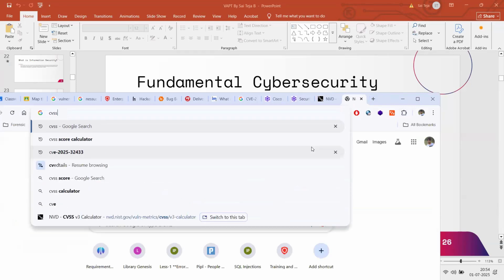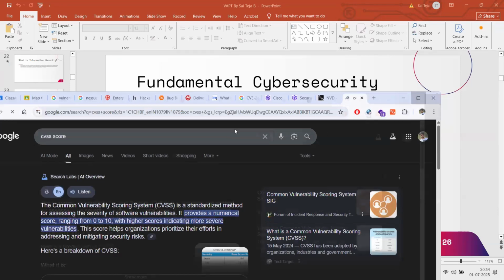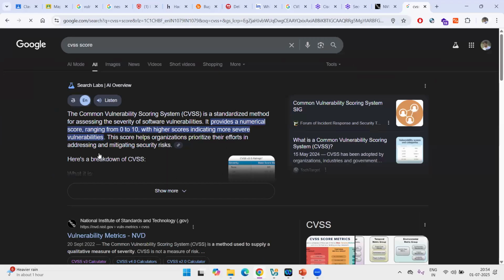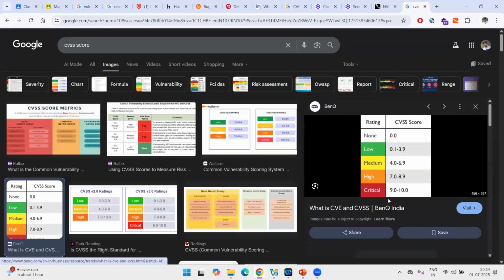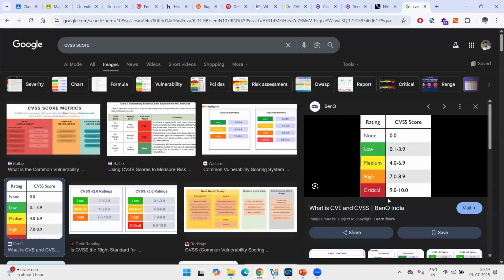But if you would like to understand the CVSS score, here it is. Between 9 to 10 is critical, 7 to 8.9 is high, 4 to 6.9 is medium, and 0.1 to 3.9 is low.